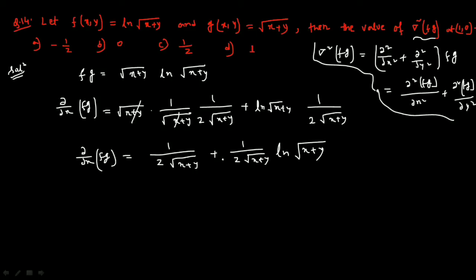Now you have to take differentiation again with respect to x. So it will now be del 2 del x2 of fg. This is x plus y to the power minus half, so it will be half into minus half into x plus y to the power minus 3 by 2.